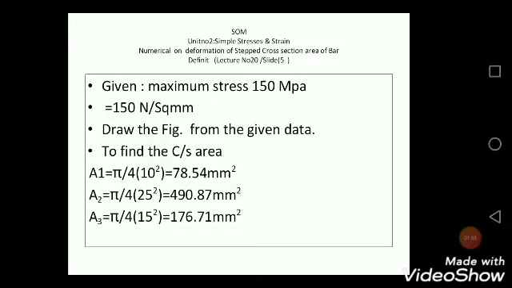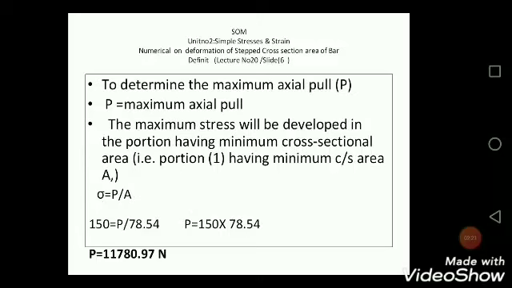So for cross section area A1, pi by 4 10 square. Cross section area for section 2, A2, pi by 4 25 square, and cross section area for section 3, A3, pi divided by 4 15 square. So we have A1, A2, A3. Now we have to determine the maximum axial pull. P is equal to maximum axial pull.